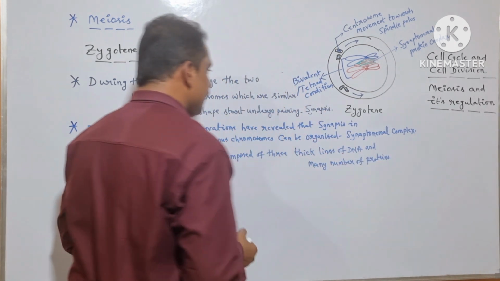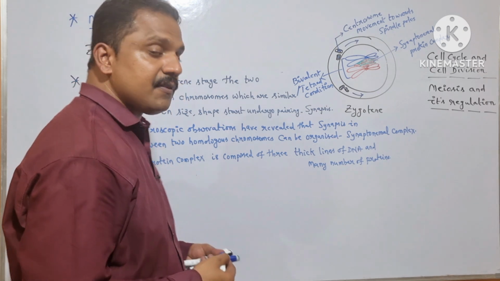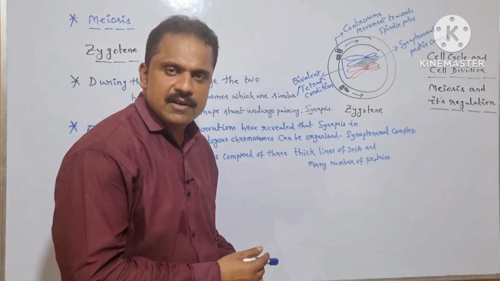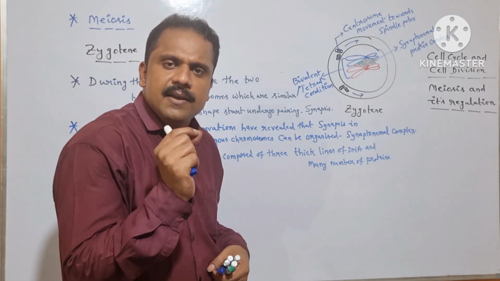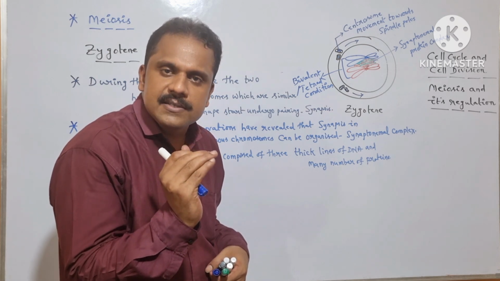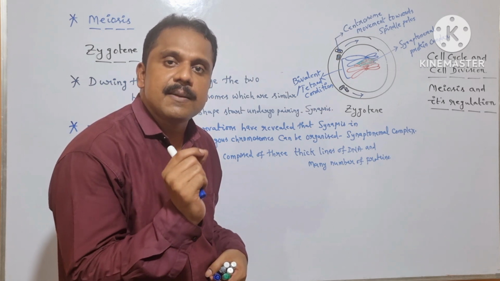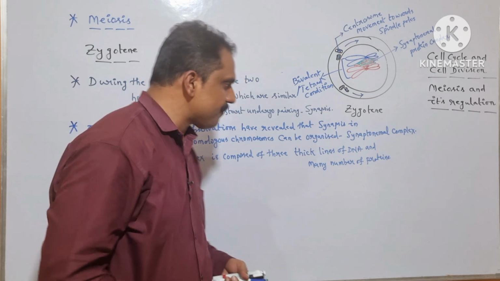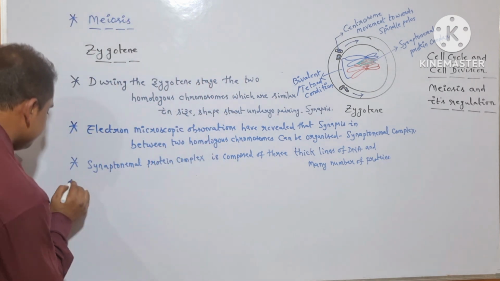Is it clear? And here the first two stages of the prophase 1 of the meiosis-1 are much shorter in comparison with the next upcoming stage of the prophase 1, which is nothing but the pachytene stage. Is it clear? So let me write it here.